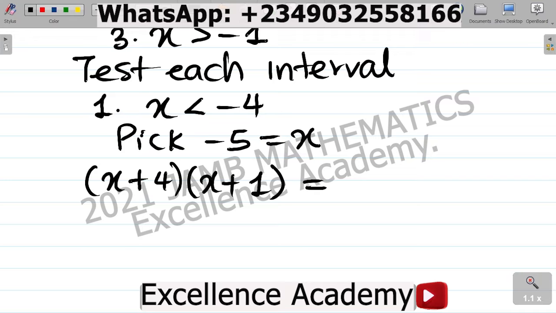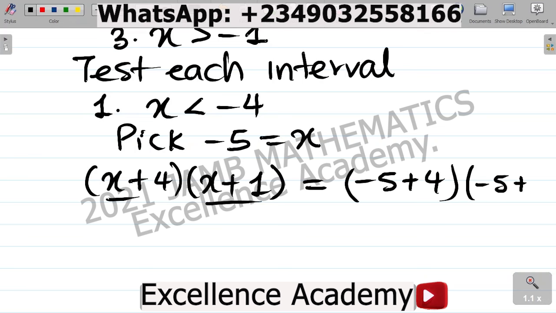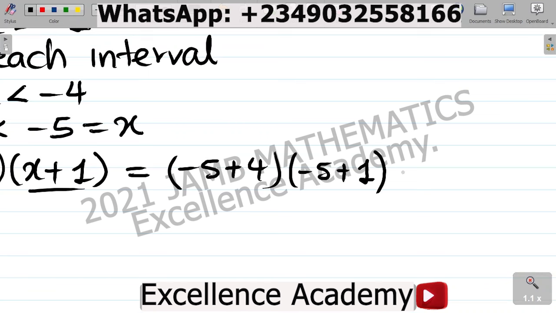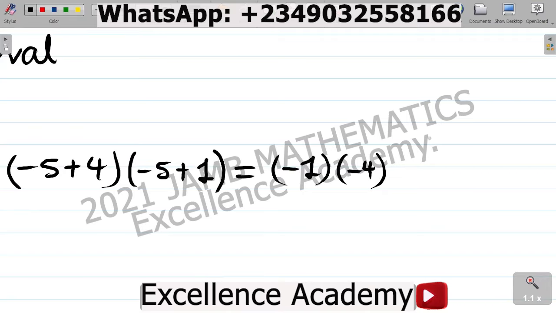So this now becomes minus 5 plus 4, and then x plus 1 becomes minus 5 plus 1. Minus 5 plus 4 is minus 1, and then minus 5 plus 1 is minus 4. Minus 1 times minus 4 is equal to plus 4.